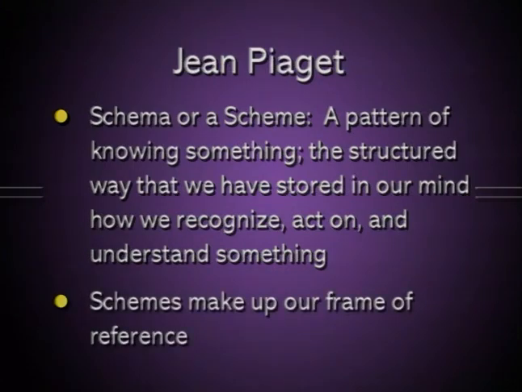Schemes make up our frame of reference. Because we can't know anything without some structure, we have to be born with some schemes in order to get us started. So everything we know has to start with the schemes we're born with. We can't be complete blank slates, or we would get nowhere, in Piaget's view.